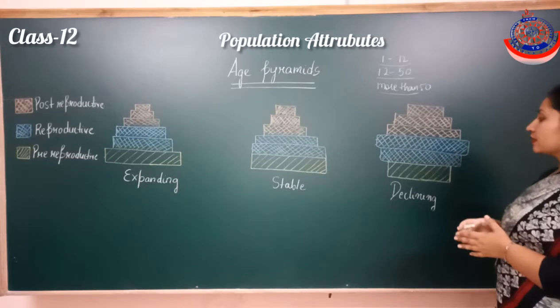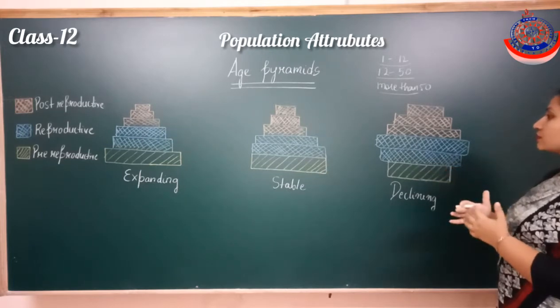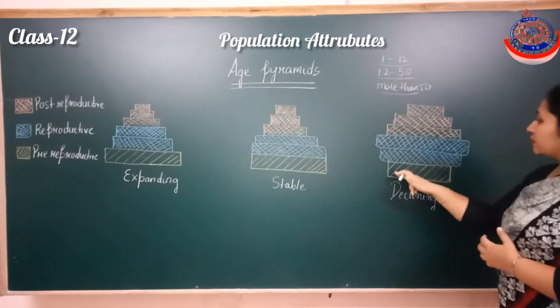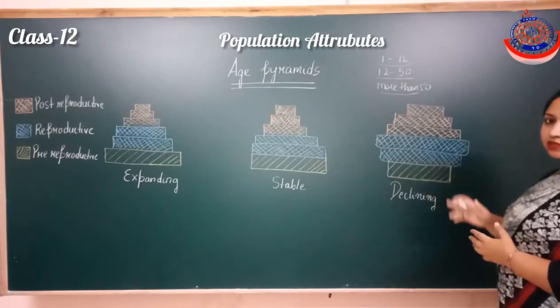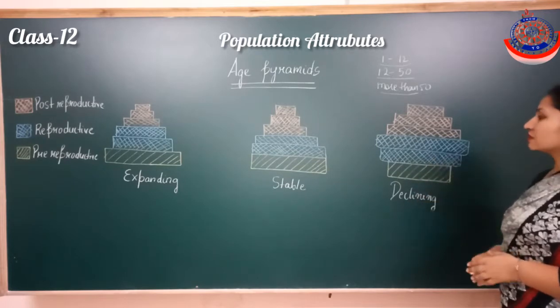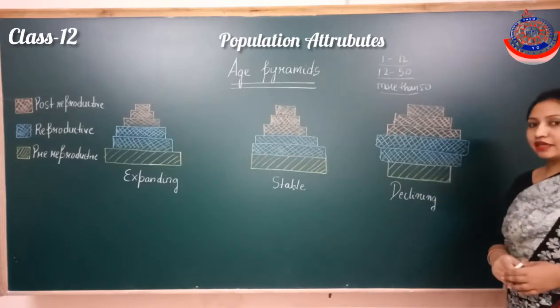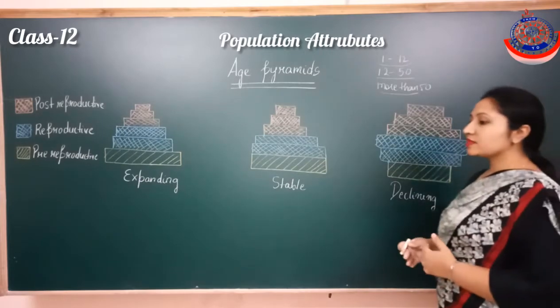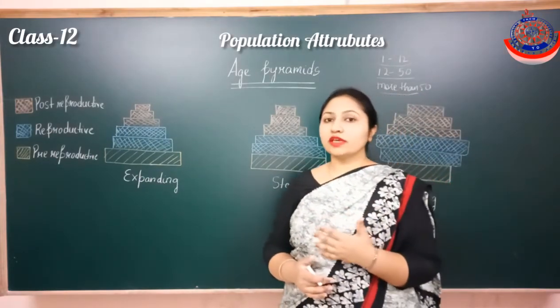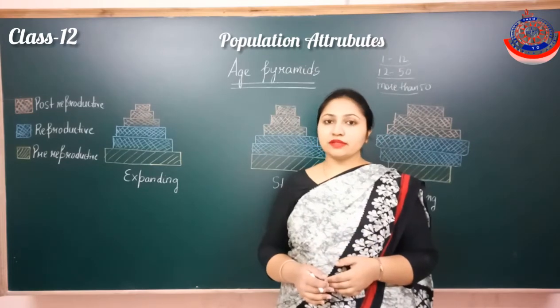So it means that in the future the population is going to decrease because of the number of the pre-reproductive age group persons. So that's why this kind of age pyramid is known as the declining age pyramid. Now next we will discuss the population density, how we can calculate the population density.